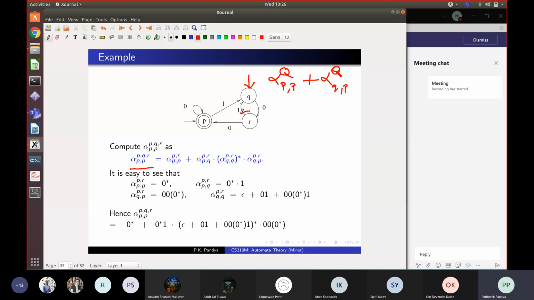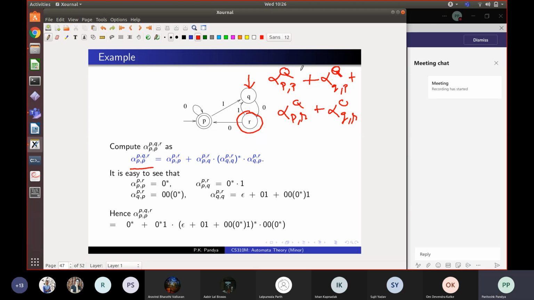If I had additionally R as an accepting state, then I will also have alpha PR with Q. So I will add more pluses here, and plus alpha QR of capital Q, right? So for every pair of start state and end state, I'll calculate the corresponding expression, right?